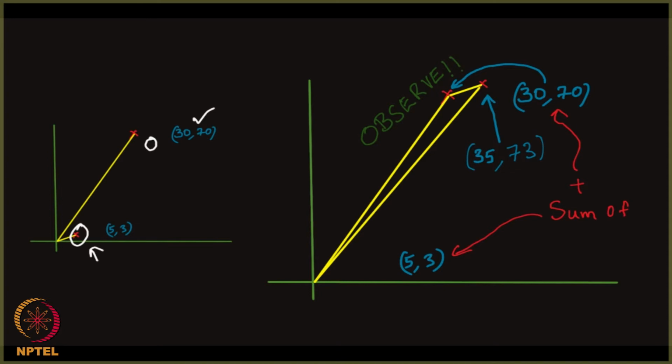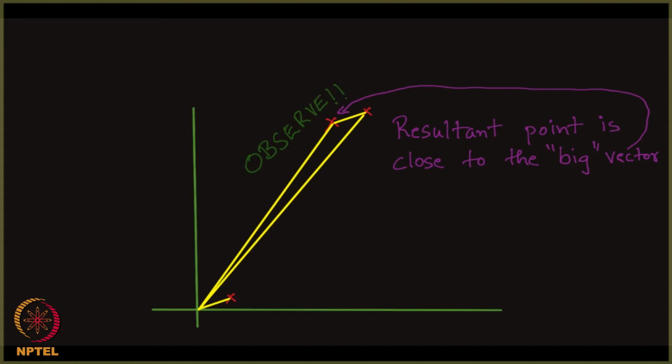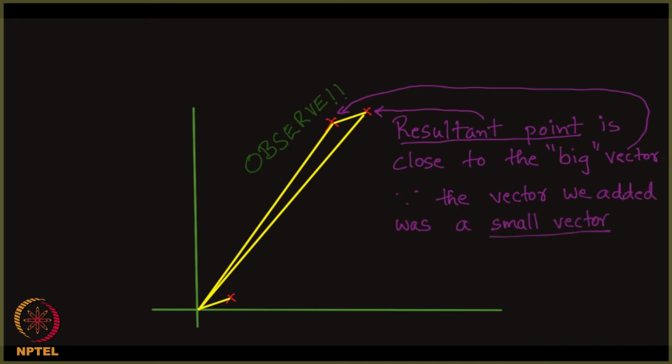Okay, we observed this. Next, let's see what exactly this means. The resultant point is close. When you add, the resultant point is close to the big vector. What do I mean by big vector? The vector that is big in amplitude. This is the big vector I'm talking about. The resultant point, which is this, is close to the big vector because the vector we added was a small vector.